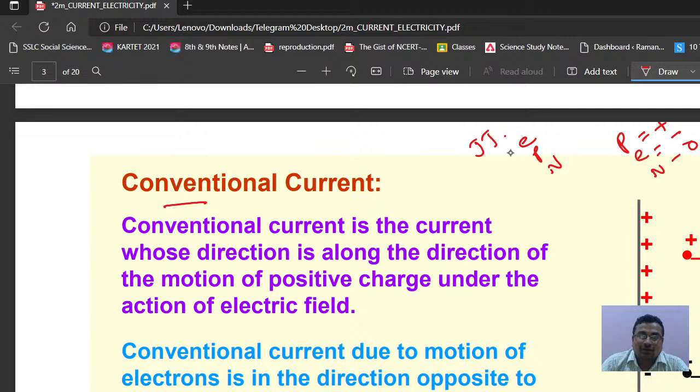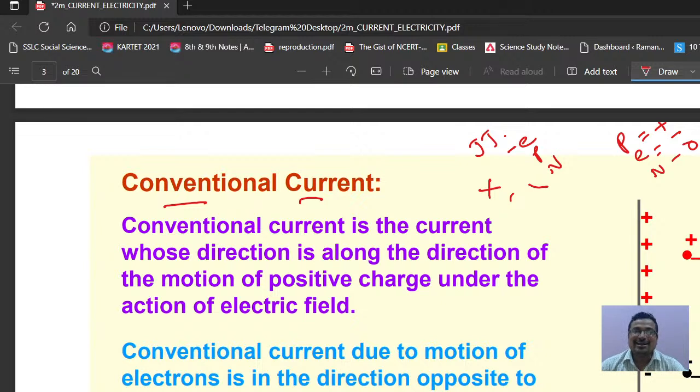When the electron was not discovered, in a circuit we said that the direction of conventional current is from positive to negative. One question: is the proton moving? Proton is not moving.